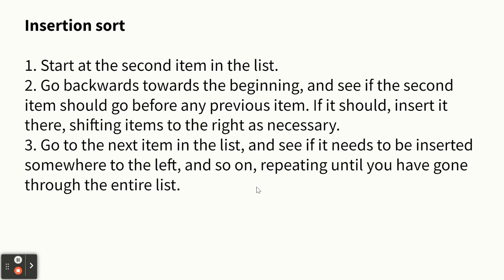And if it should, then you insert it there, like remove it from where it was and insert it at that spot, bumping everything up. And then you go to item 3 and you say, hey, should item 3 go anywhere to the left? And if not, you leave it there and you go to item 4. But say you get to item 4 and you see, should item 4 go anywhere to the left? And if you do, you insert it and everything else bumps up to the right. And you have to do this all the way through the list until you get to the very end.